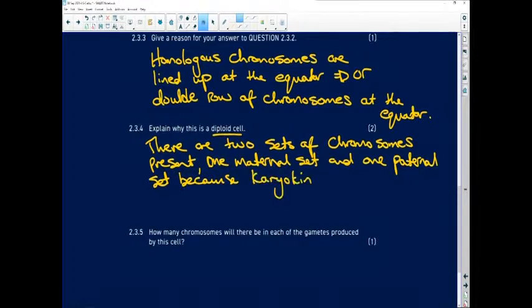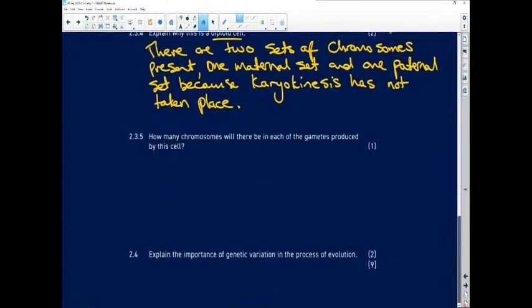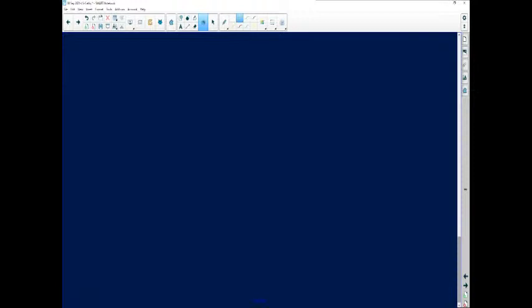Because karyokinesis, which is the splitting of the nucleus, has not taken place. Okay, so remember, in meiosis you first have reduction division and then you have duplication.